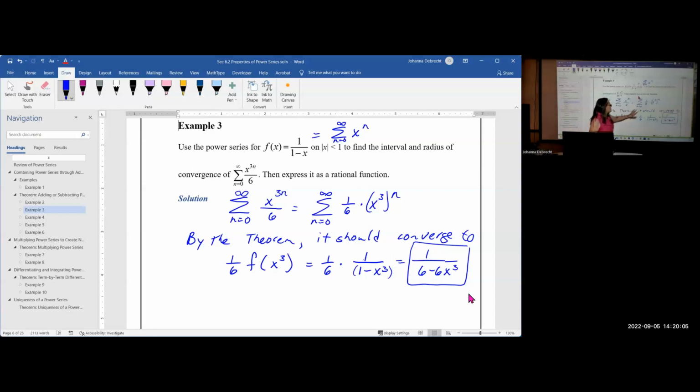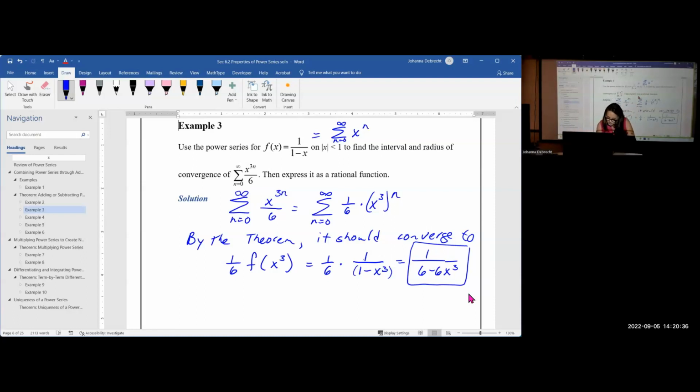Remember that multiplying by a constant does not change the interval of convergence at all. It stays the same. So multiplying by 1/6 does not change I. Substituting something in place of x can change I. So it will converge provided that this x cubed is in the original interval of convergence, which is magnitude less than 1.